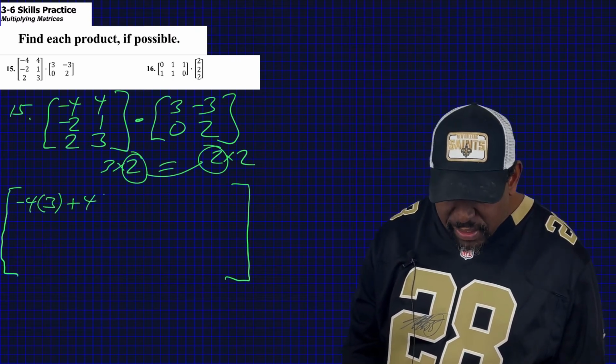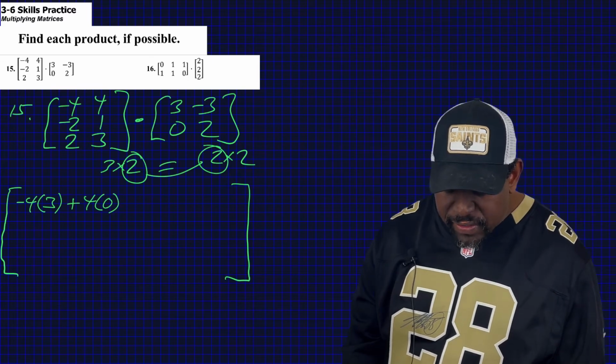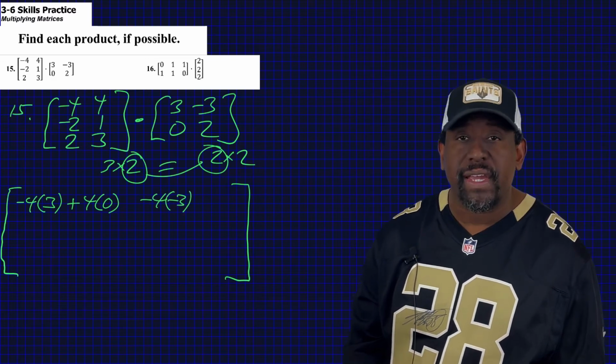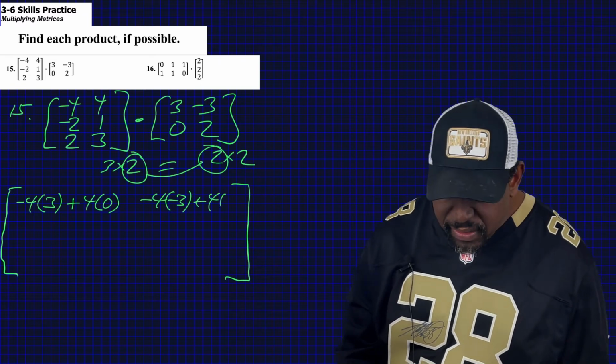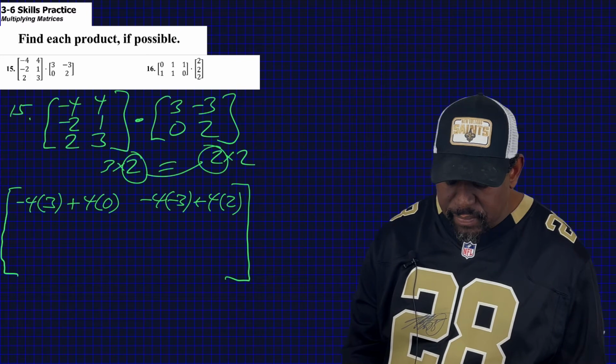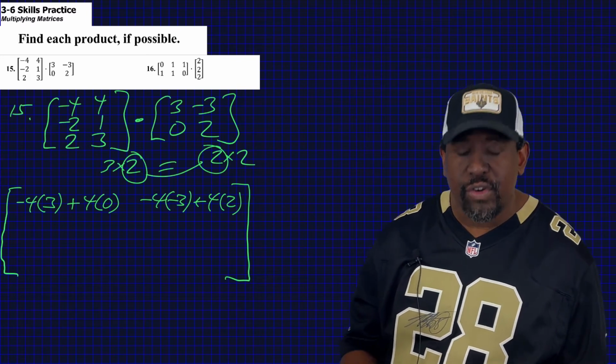So that's what we're gonna get. Our first row, second column will be -4 times -3 plus 4 times 2. So that will complete our first row.